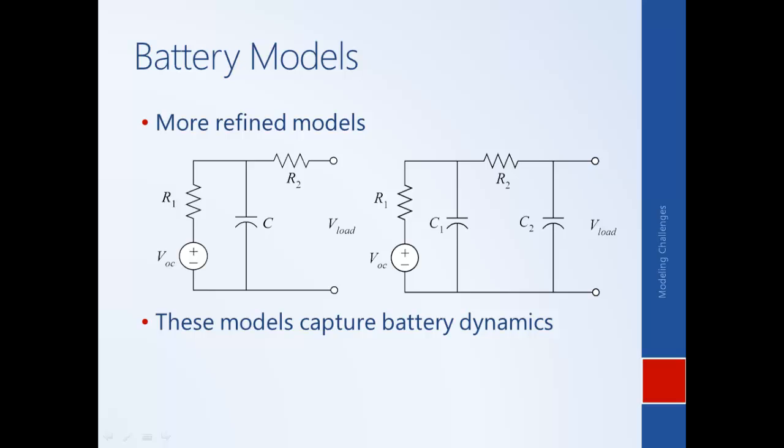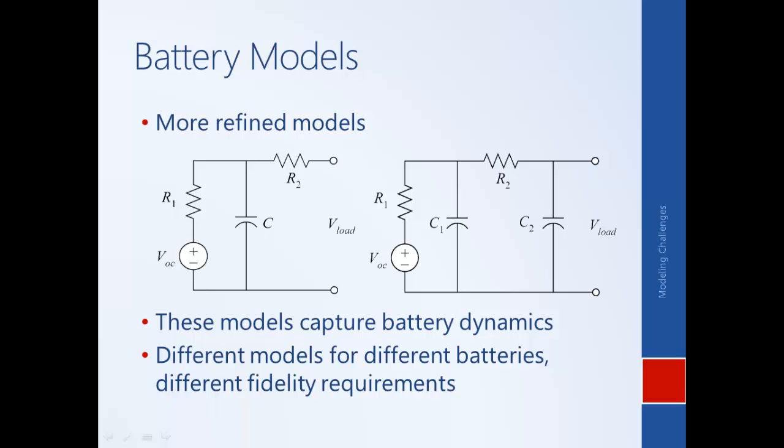And so the thing to keep in mind is that these circuits aren't physics-based models of the battery. The battery doesn't literally have capacitors and resistors within it. It's just that the dynamics of these circuits, if you compared the response of the output for a given input, would approximate the dynamics of the battery.